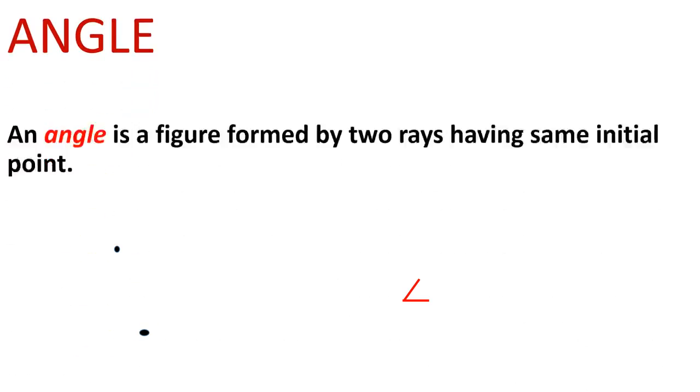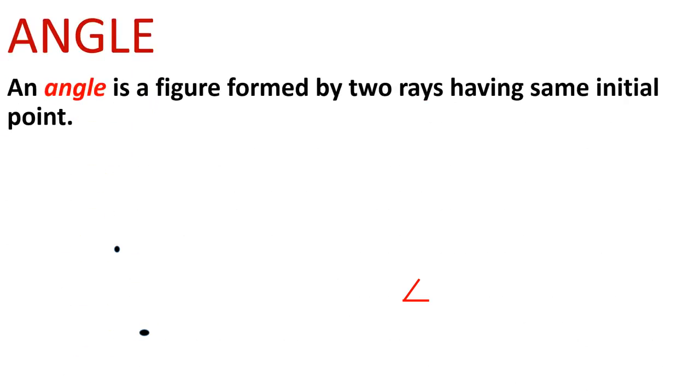An angle is a figure formed by two rays having the same initial point. You have seen the figure of angle in 5th class also. So what is an angle? How do we make it? An angle is a figure formed by two rays.